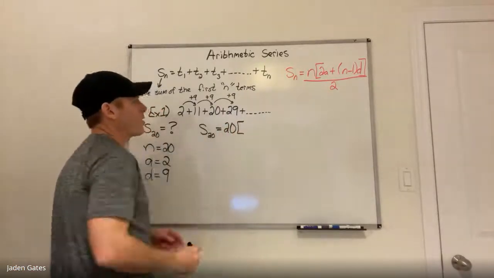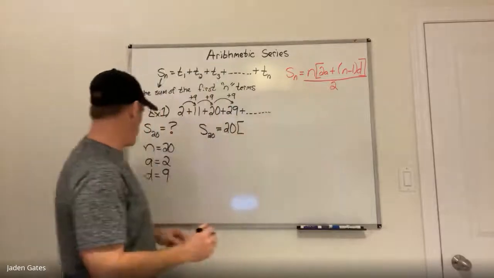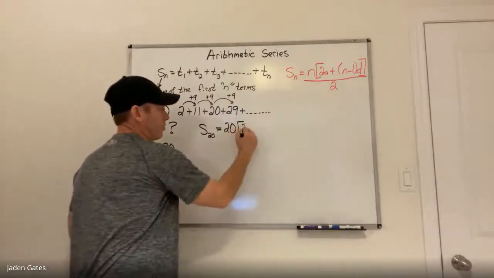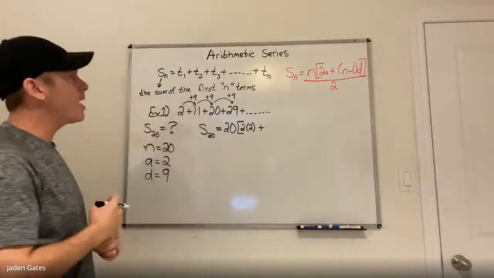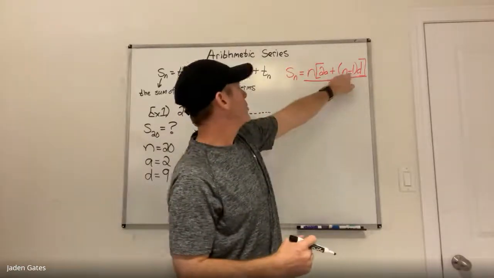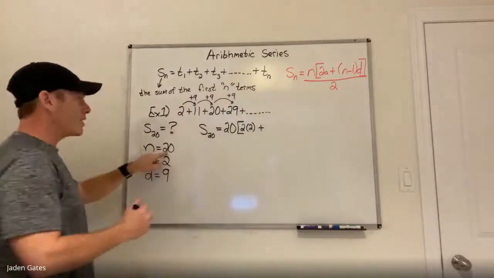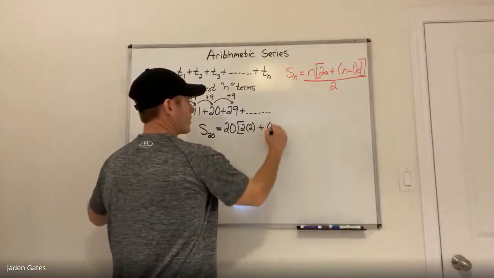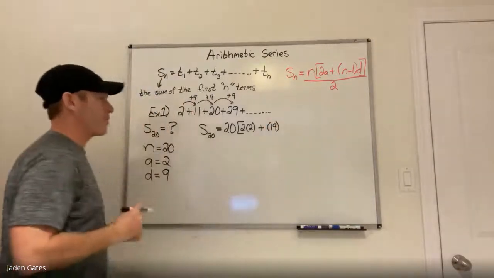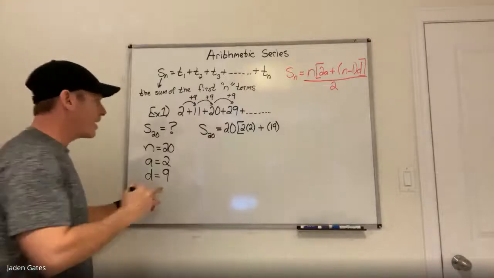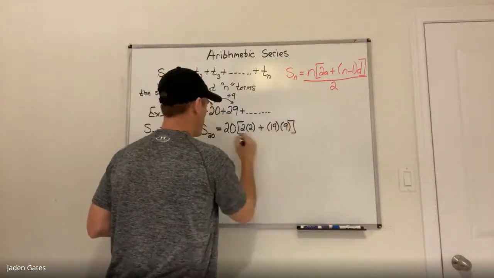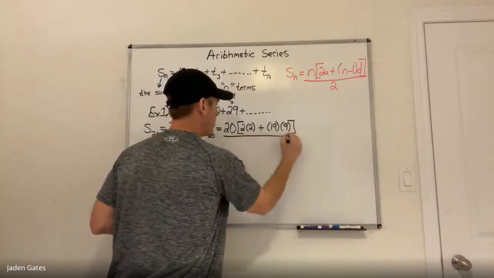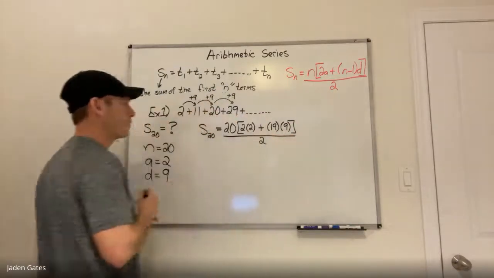Now we got the square brackets: 2 times a, so 2 times 2, plus n minus 1. Well, our n is 20, so I'm going to shorten this up a bit and put a 19 there. So there's my 20 minus 1. And my difference that I'm multiplying is 9. Put that in square brackets, and at the very bottom here, I got my little 2.